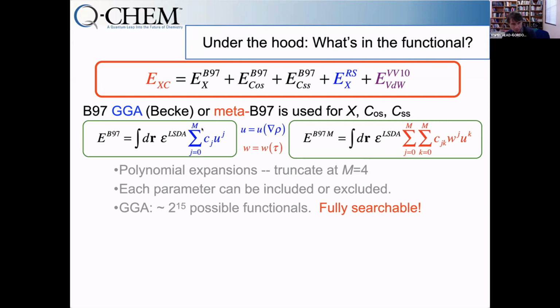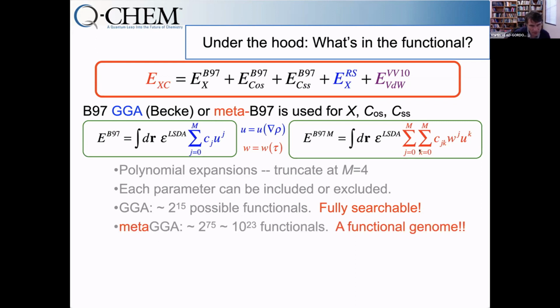c0 could be set to 1, or c00 could be set to 1 to enforce the uniform electron gas limit. So thinking about 5 parameters for this GGA type expansion in each of 3 power series, you get 2 to the 15th possible functionals, and you can fully search that space. 2 to the 15th is about 100,000. So in fact, that's what we did, is we fully searched that space.